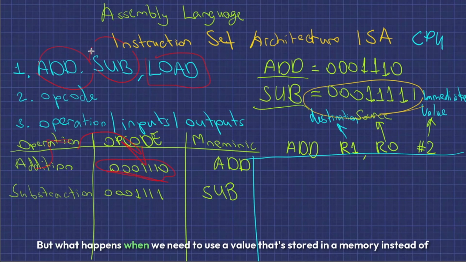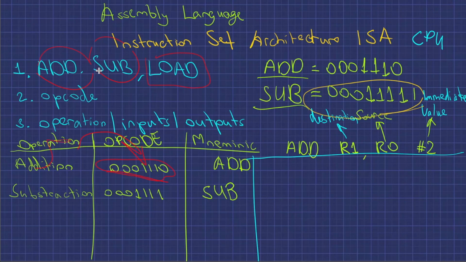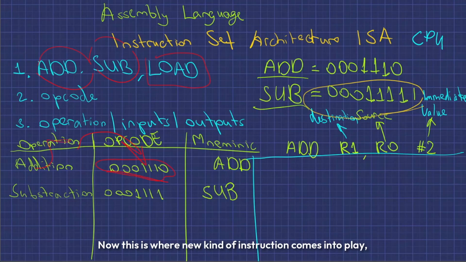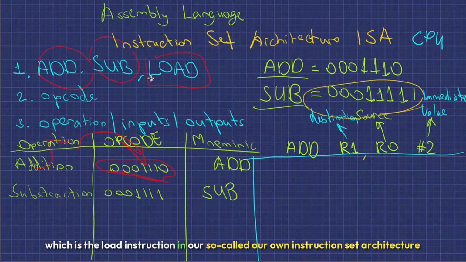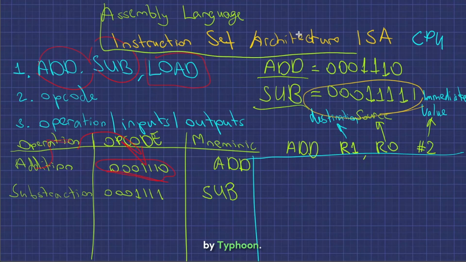But what happens when we need to use a value that's stored in memory instead of in a register? This is where a new kind of instruction comes into play, which is the load instruction in our so-called own instruction set architecture by Typhoon.